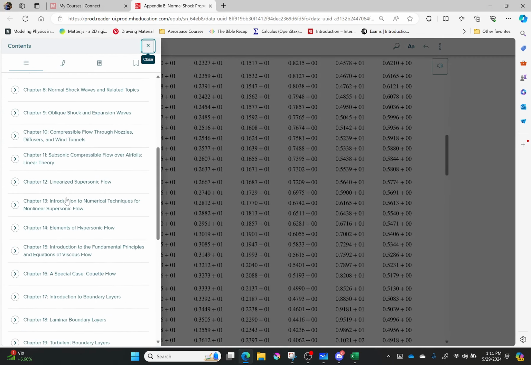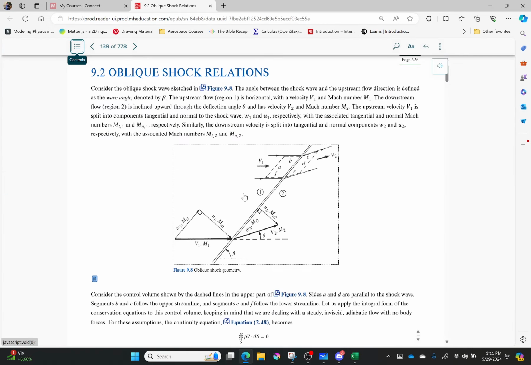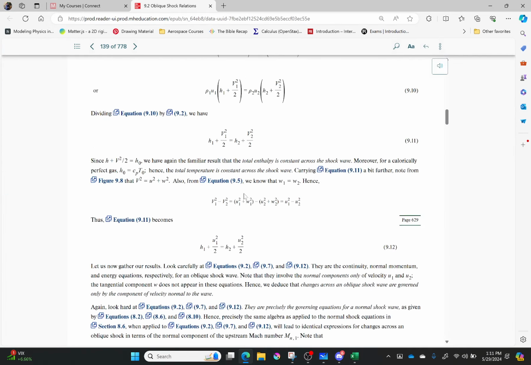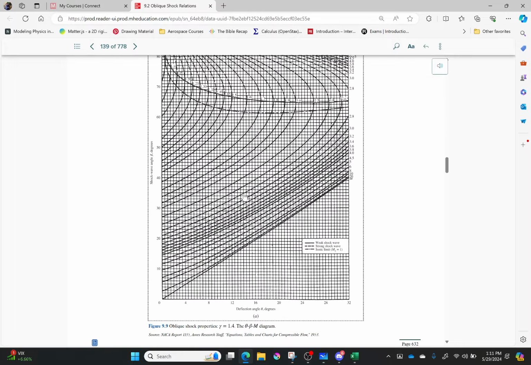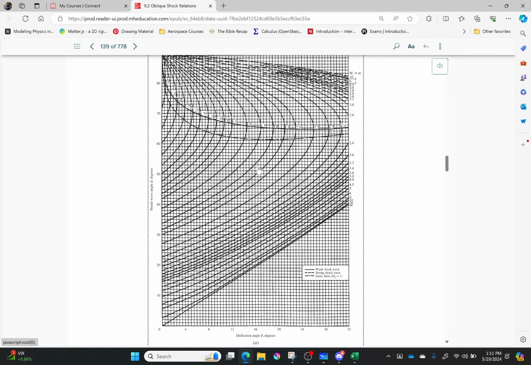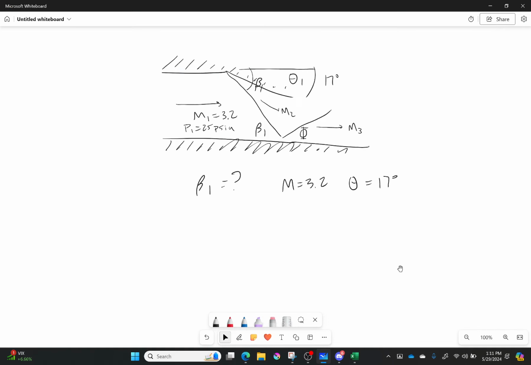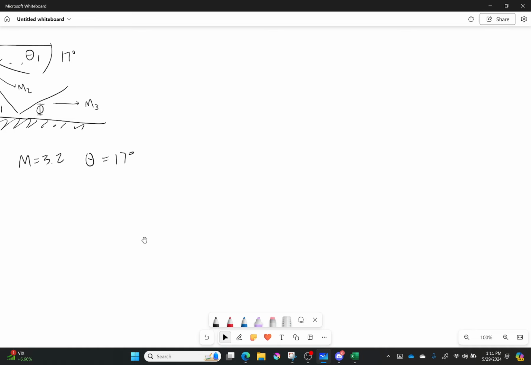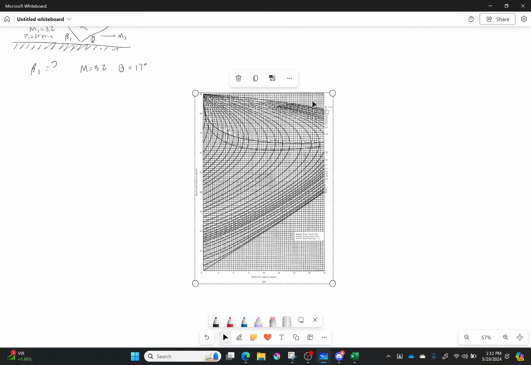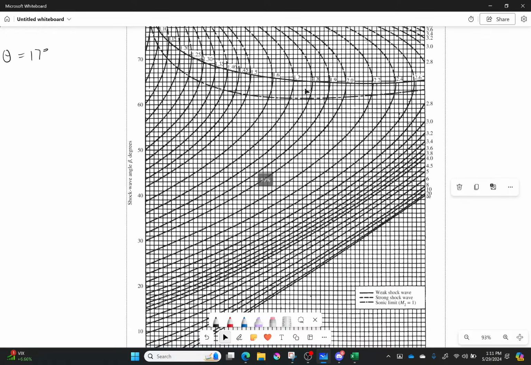I can jump to it much more quickly. Right here. Scroll down just a bit, section 9.2 in your textbook. It might be in the appendices as well. I've never been sure about that. And here it is. So I'm just going to copy it in like I did last time and deal with it inside. There we are.